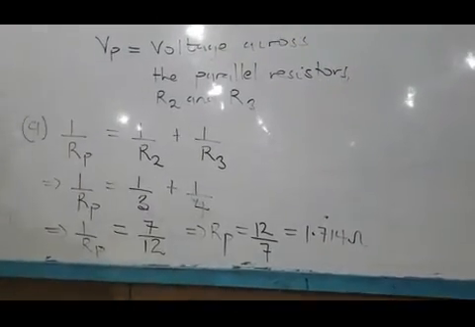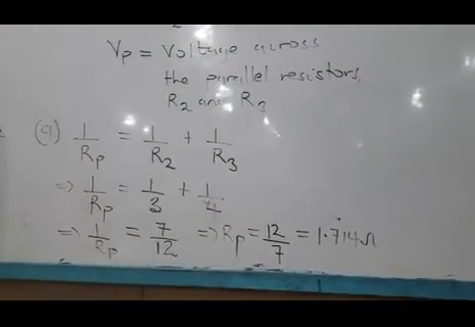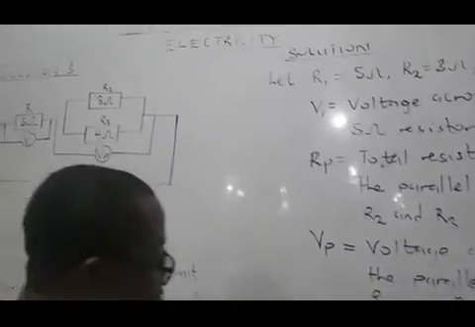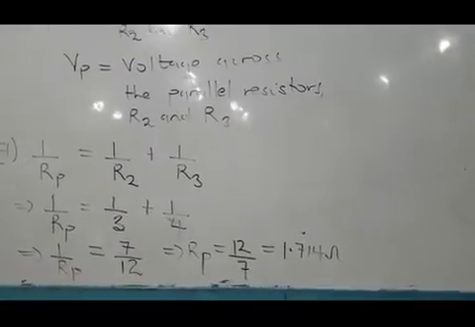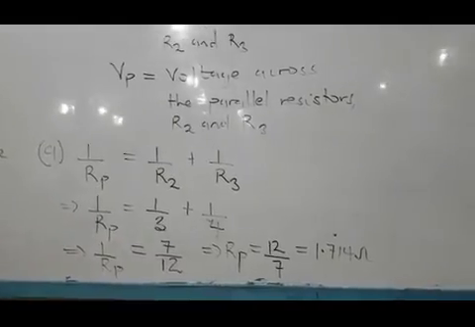So the total resistance for the parallel resistors, these two, is RP, which is 1.714 ohms, to 3 decimal places.